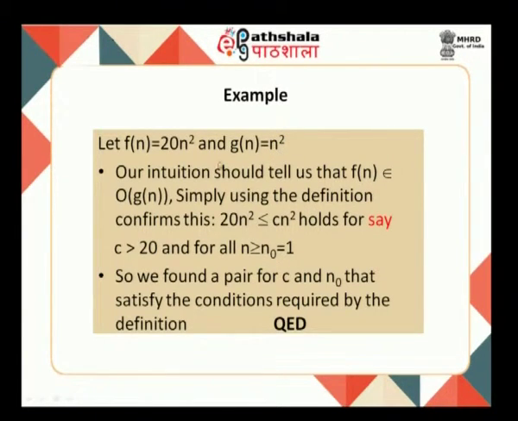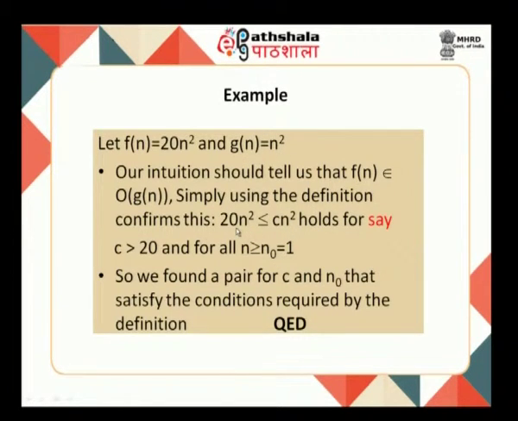Now, the question is, can I say this algorithm is order of n square? According to our formula, big O notation is possible if I can prove that this 20 n square is lesser than or equal to some constant multiplied by g of n. Here g of n is going to be n square.